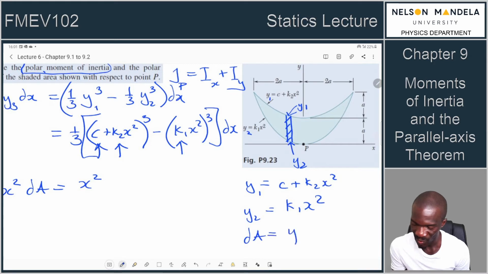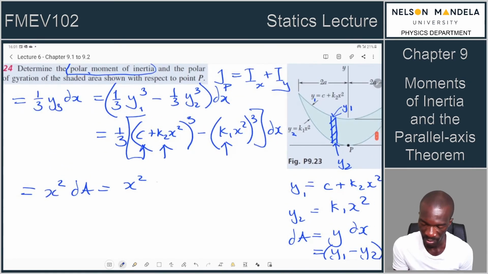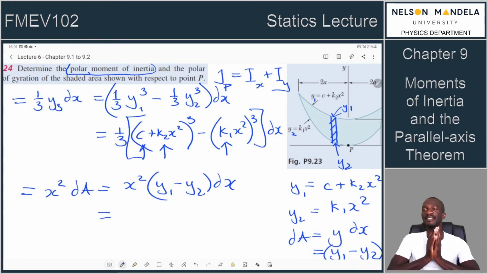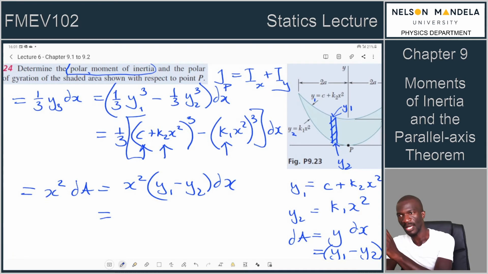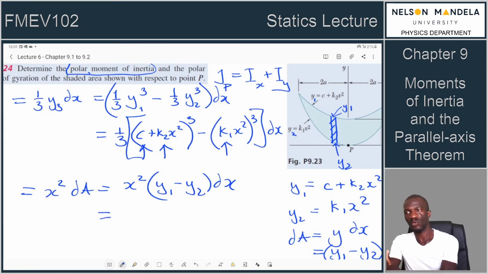dA is equal to y times dx, but we know that our y is actually equal to the y1 minus the y2 dx. So that would be y1 minus y2 dx. That's your function. The y1, we know its function, it's c plus k2x squared. The y2 function, k1x squared.